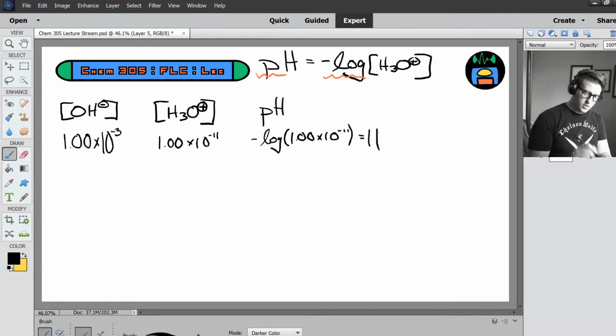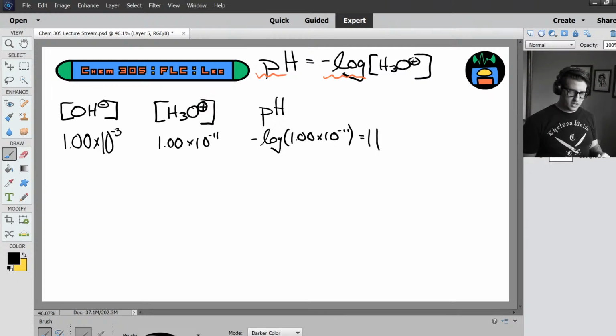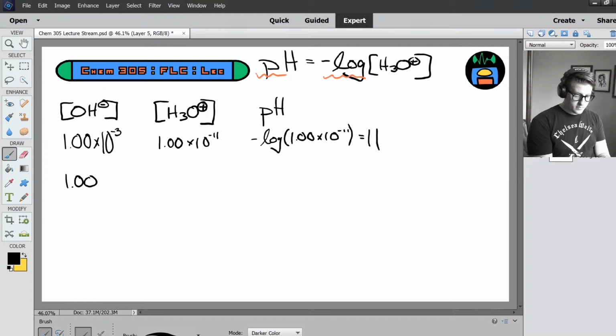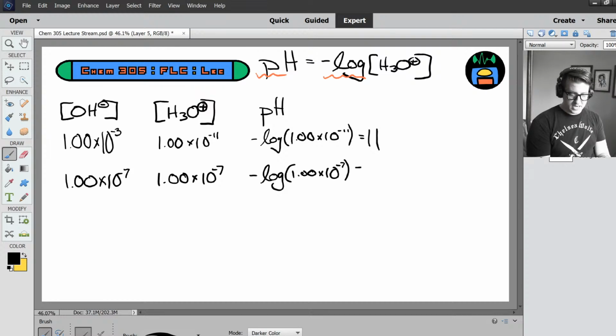You punch 1.00 times 10 to the negative 11 inside the logarithm function, multiplied by negative 1, it comes out to be 11. If we calculate the pH for a neutral solution, where the concentration of each is 10 to the negative 7, the pH comes out to be 7.